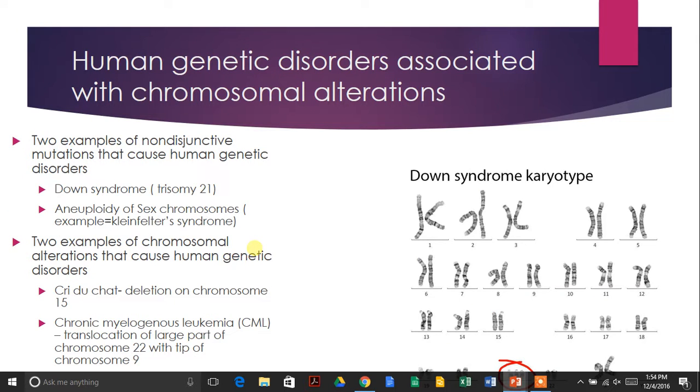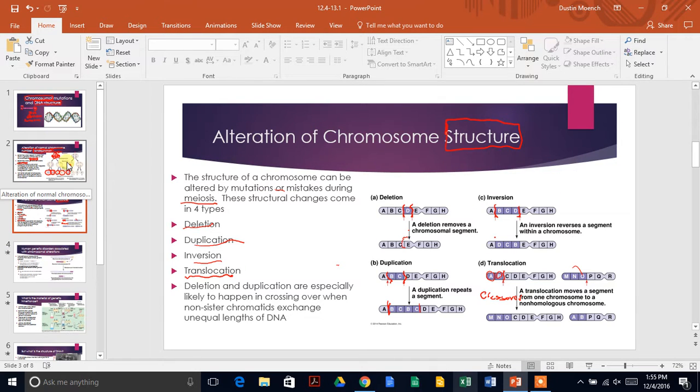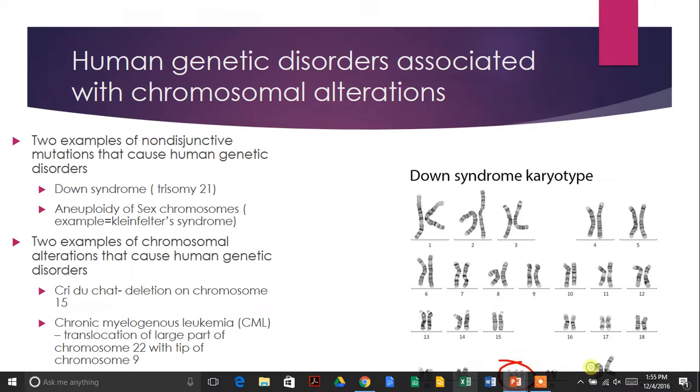Human genetic disorders that are associated with chromosomal alterations? Well, 2 examples of non-disjunctive mutations that occur in human genetic disorders. One is trisomy 21, or Down syndrome, and it's really hard to see because I unfortunately blew this up too big. We'll start on this slide.